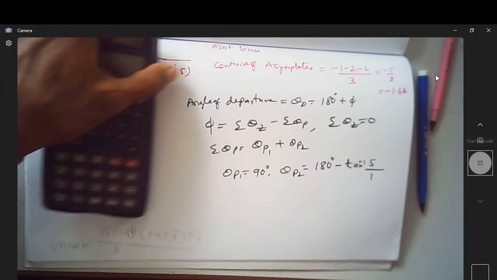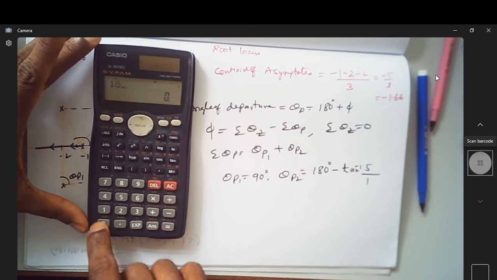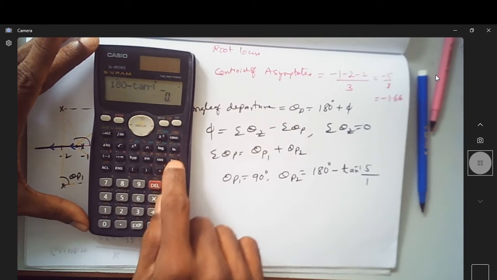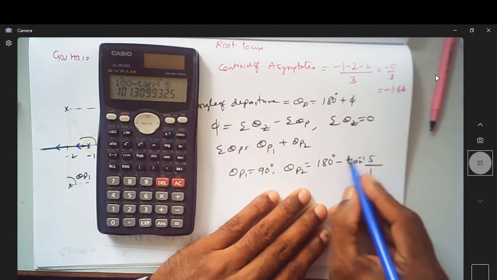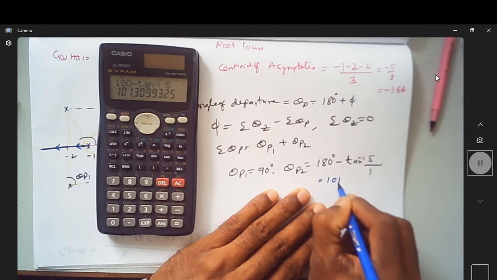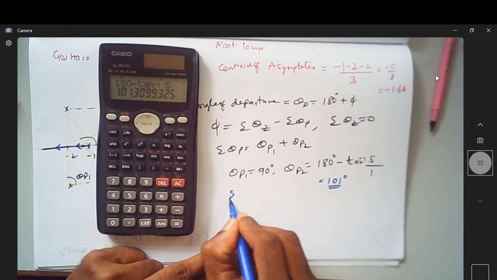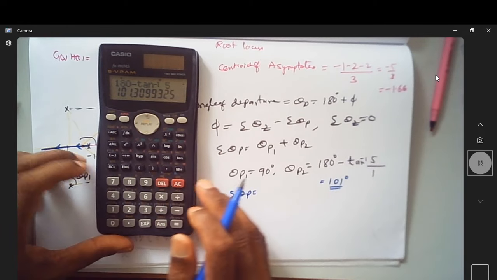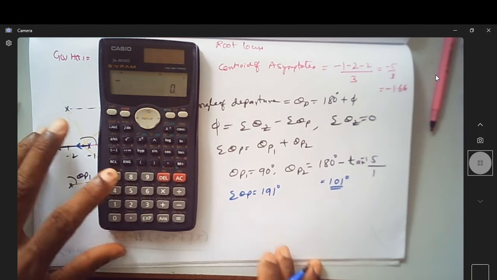Give me a minute. Okay, now I'm with the calculator. So let us find this angle. It is now 180 minus tan inverse of 5, which will be 101 degree approximately. So summation of theta p will be 191 degree.